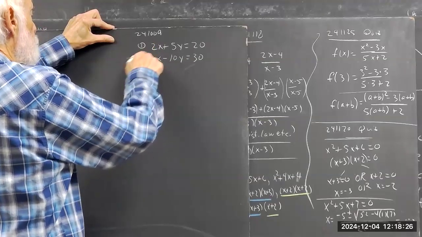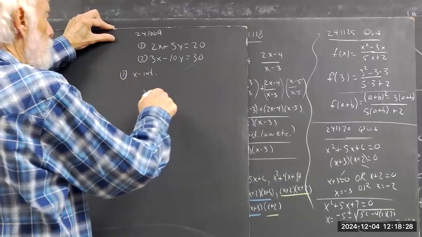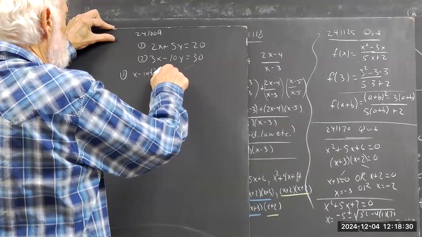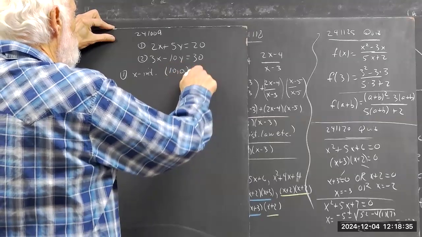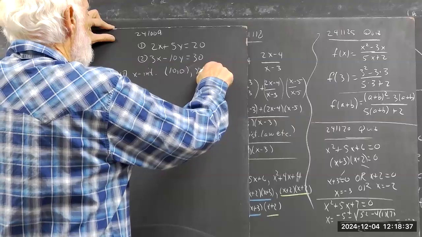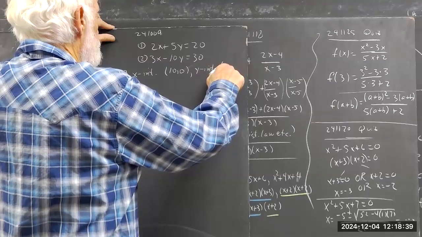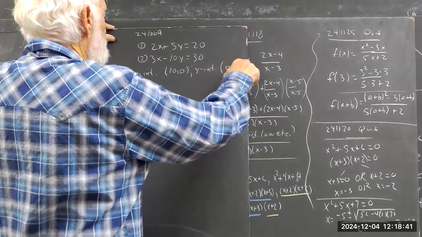I'll number these equations 1 and 2. Equation 1: the x-intercept is at the point 10, 0. The y-intercept is at the point 0, 4.